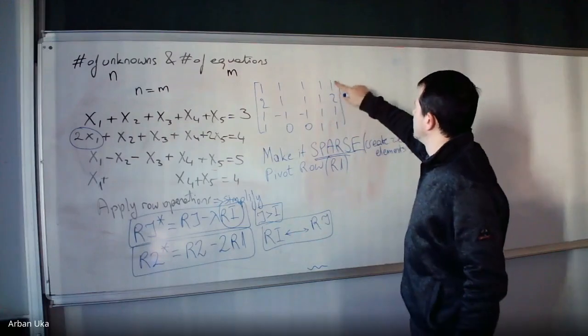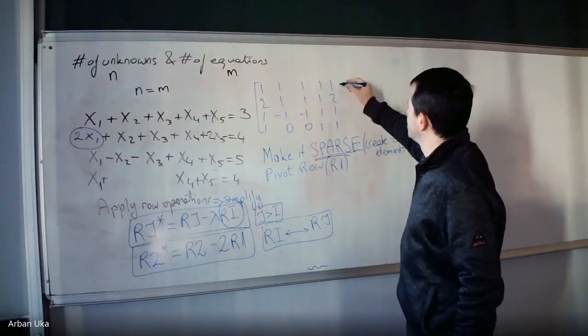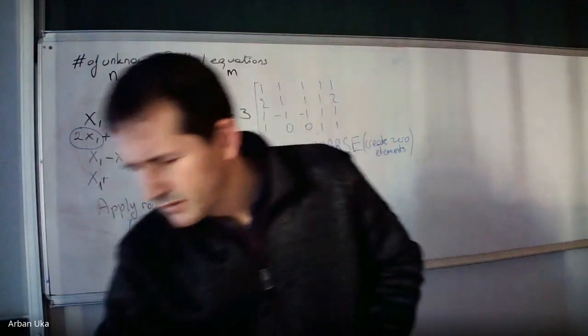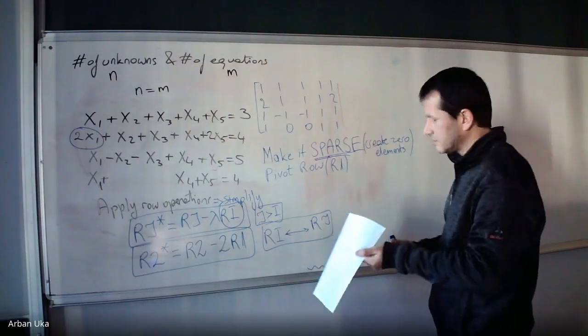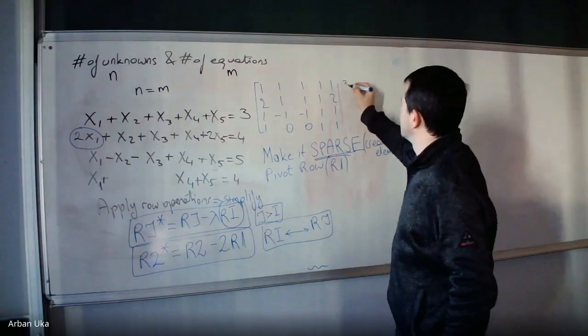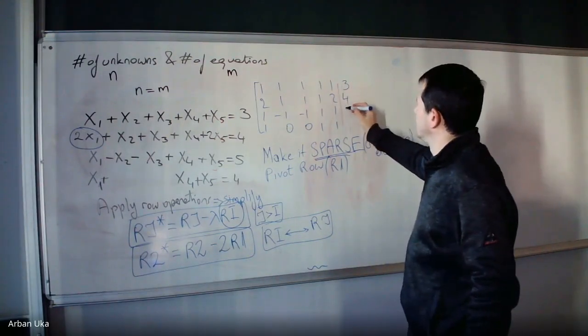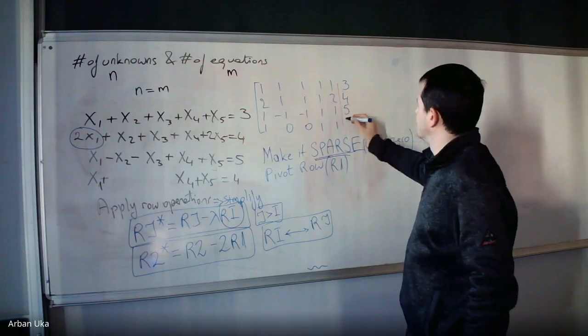So here, this is the coefficient matrix. We can put here a different color. And the answer vector is going to be 3, 4, 5, another 4.